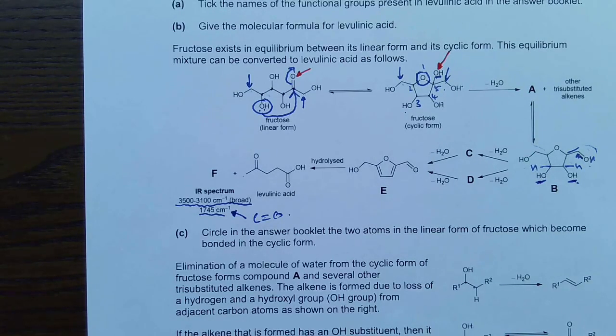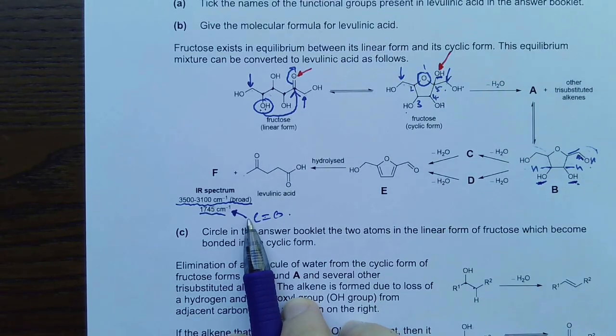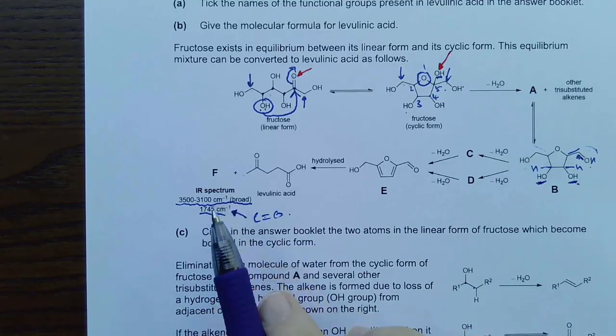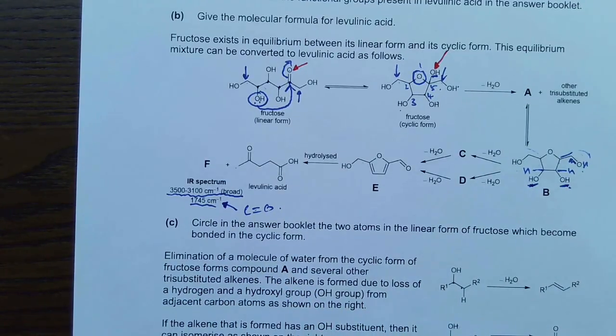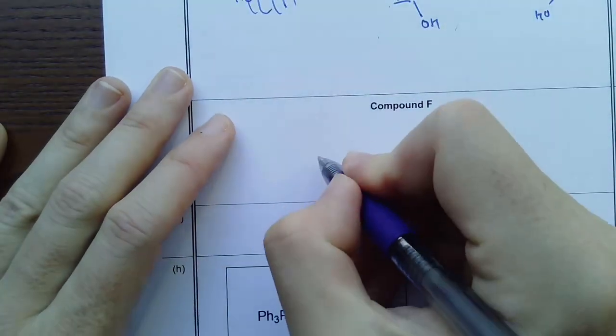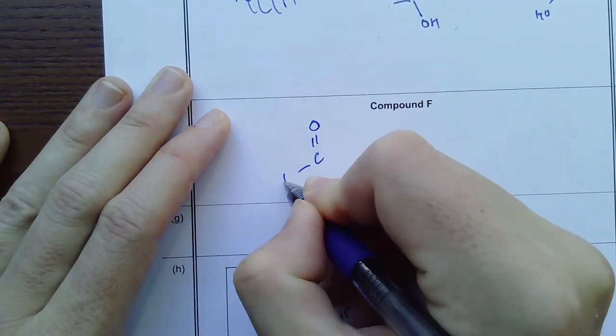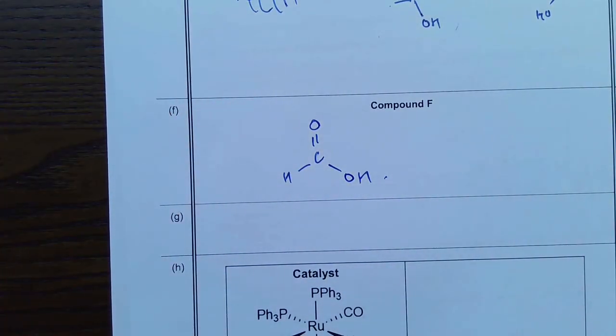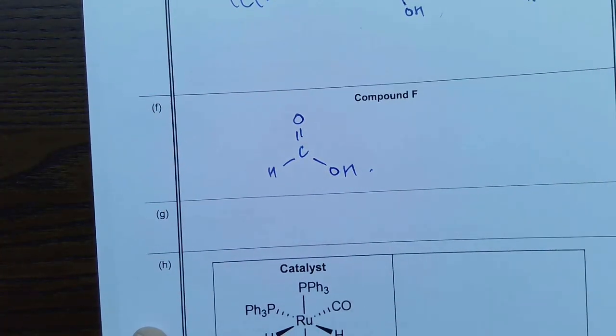I think when they did this paper back in 2021, that information wasn't given, so you were expected to know that that would be a C double bond O. And then the broad 3100 peak is just going to be an OH group in an acid. So my instinct is to go with methanoic acid, which I think is the correct answer.